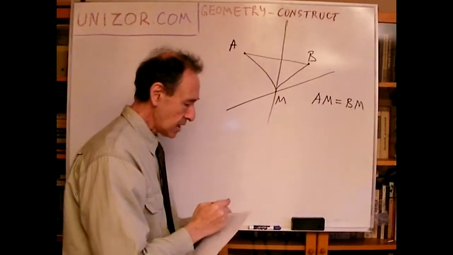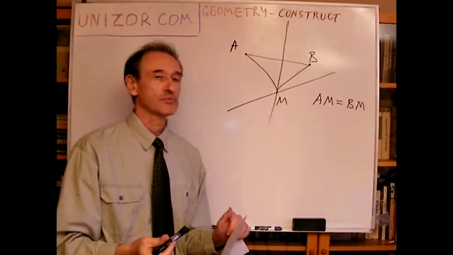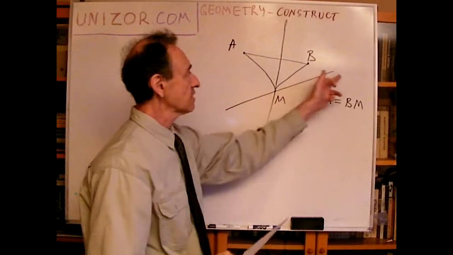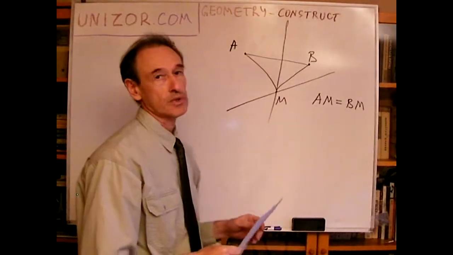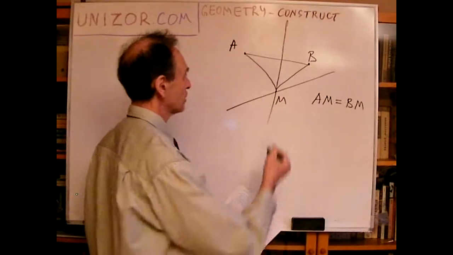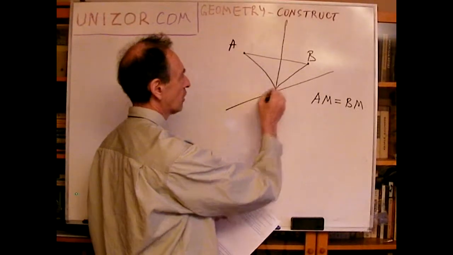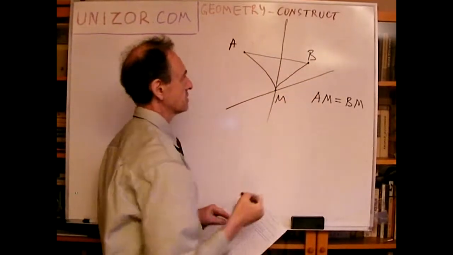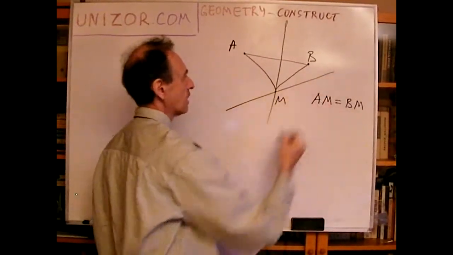But at the same time, the construction problem is asking us to find a point on this given line which has this property. So basically we have an additional property. We have the property for the point M not only to belong to the perpendicular bisector of segment AB, but also on this line.